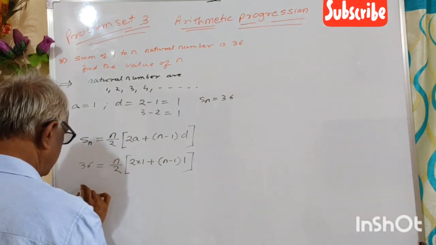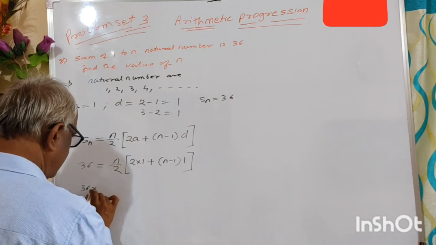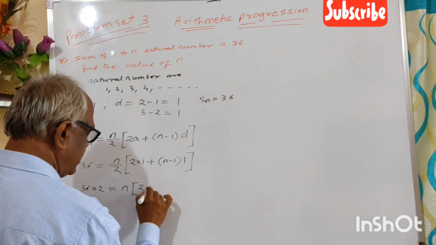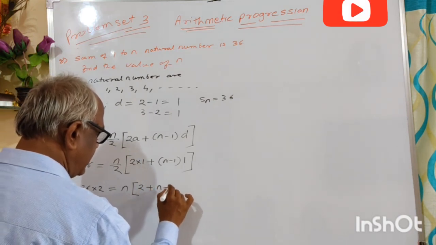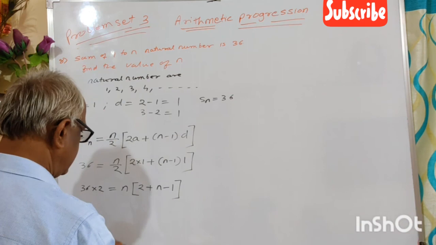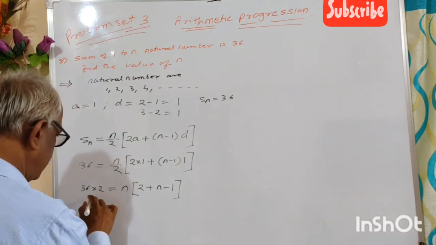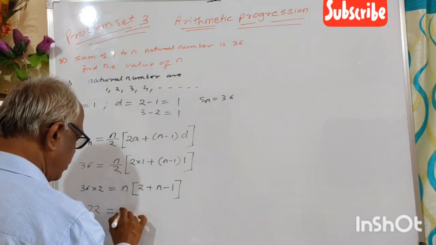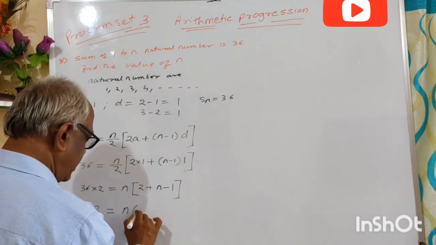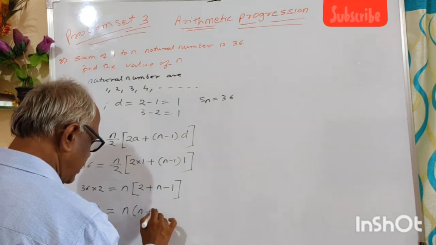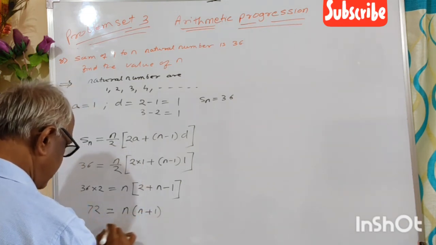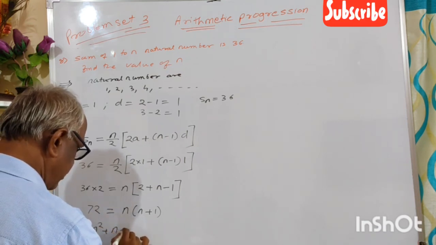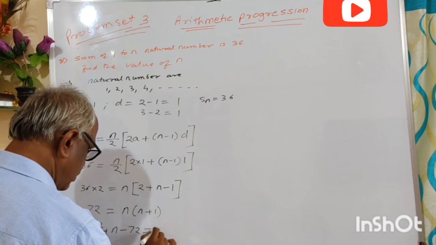So 36 into 2 is equal to n in bracket 2 plus n minus 1. So 36 into 2 is 72, which is equal to n in bracket n plus 1. So here after solving we'll get n square plus n minus 72 is equal to 0.